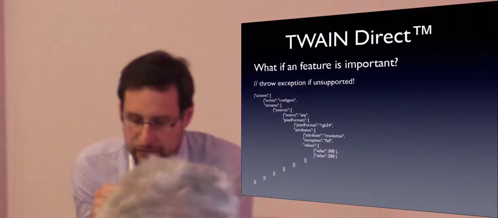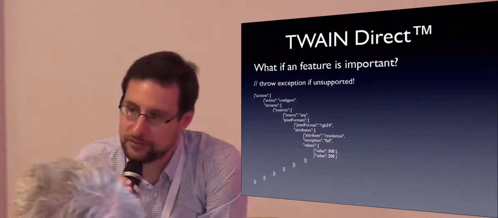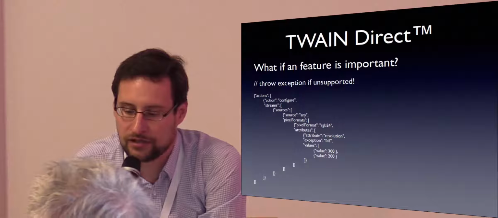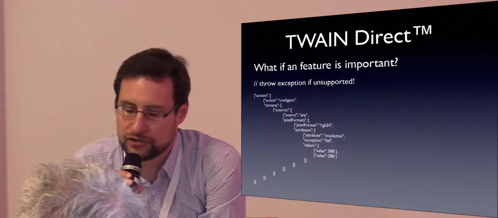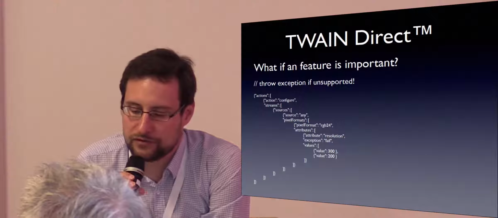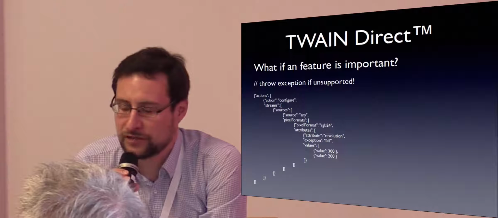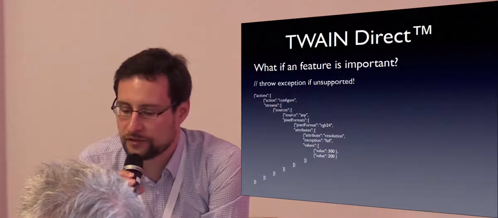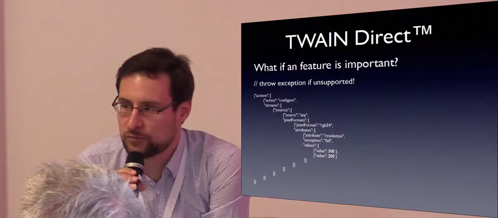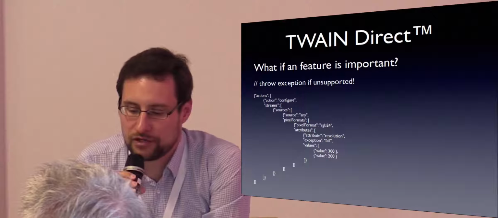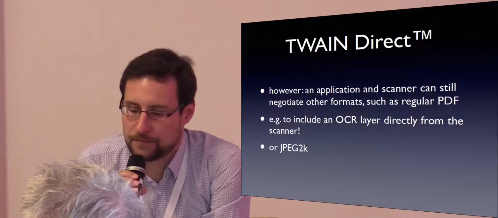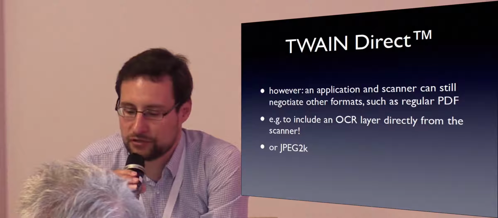So if the scanner is not able to configure with 300 or 200 dpi in this example, you actually will get an error. You can use this, for example, if you need to make sure to scan with 300 dpi for OCR, or if you want to make sure to scan with duplex with the front and rear camera, you can fail if the scanner cannot support what your application needs.